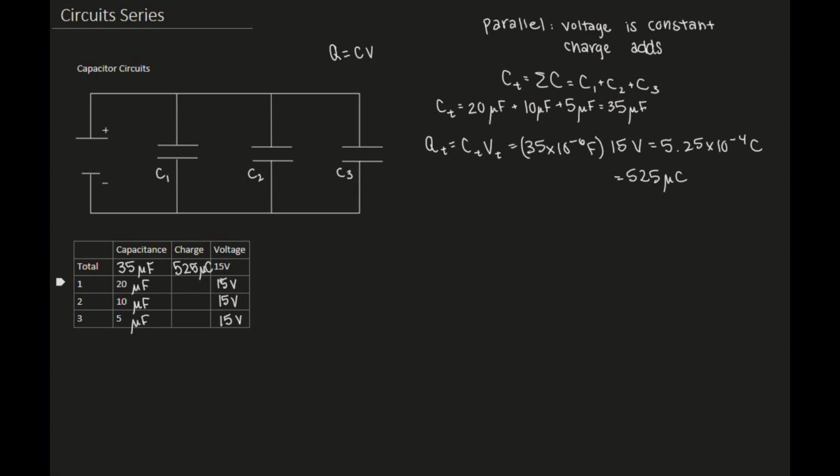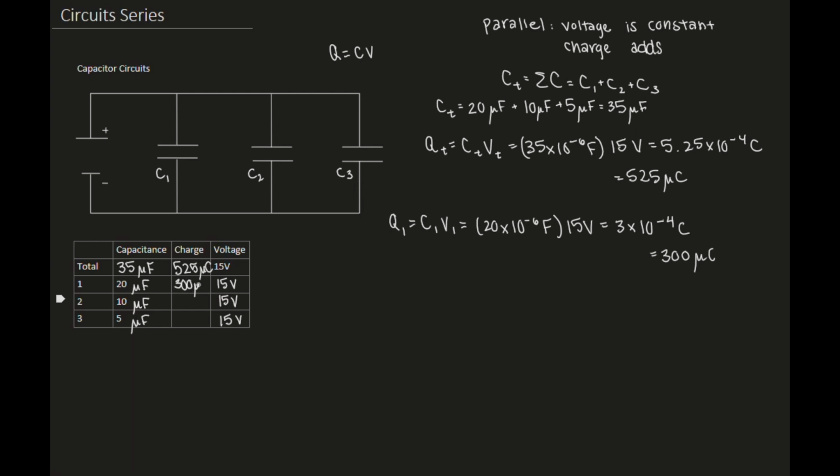And then I can do the same thing with all of the other charges. So Q1 equals C1 V1, which in this case is 20 times 10 to the -6 farad times 15 volts, and I get 3 times 10 to the -4 coulombs, or 300 microcoulombs.